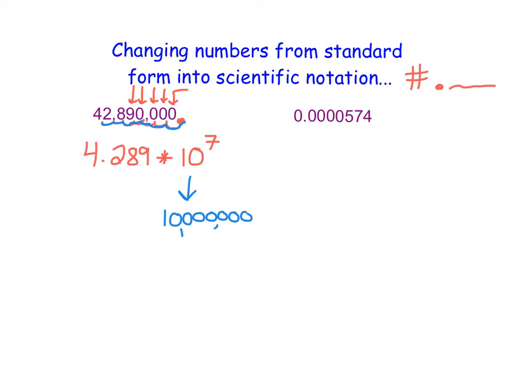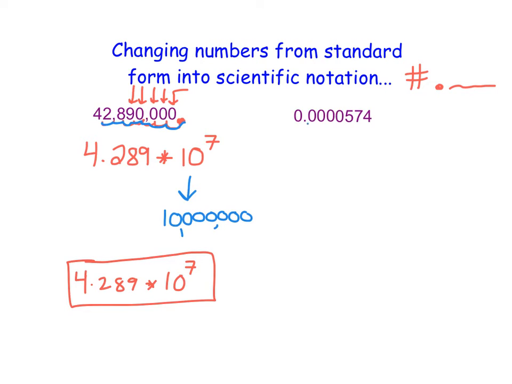So all we're doing is rewriting this in a different way and using the power of tens to help us represent that number. So 4.289 times 10 to the power of 7, which is 10 million. So instead of writing this as 42 million, I'm writing it as 4.289 times 10 million.